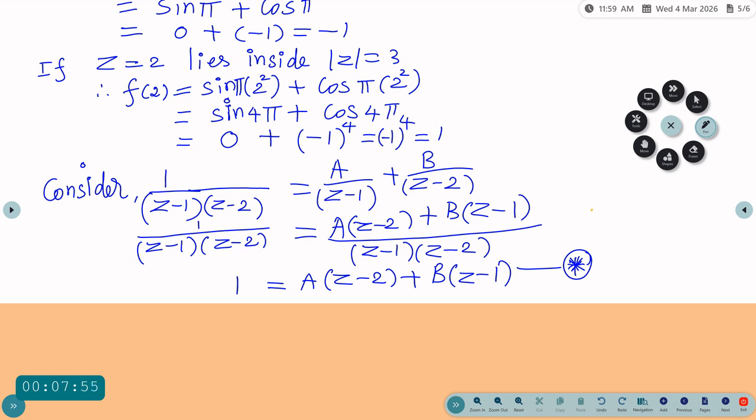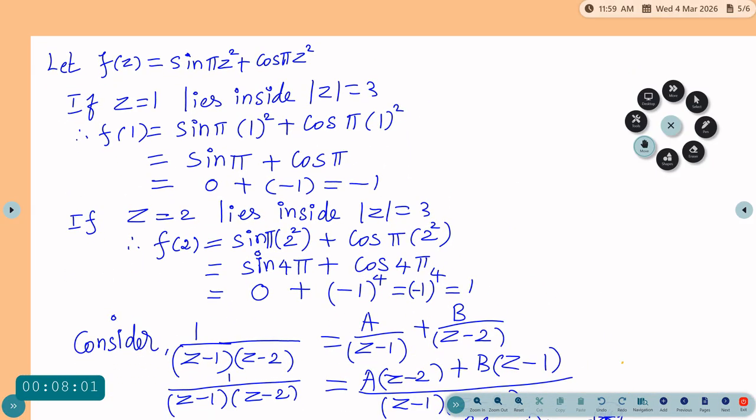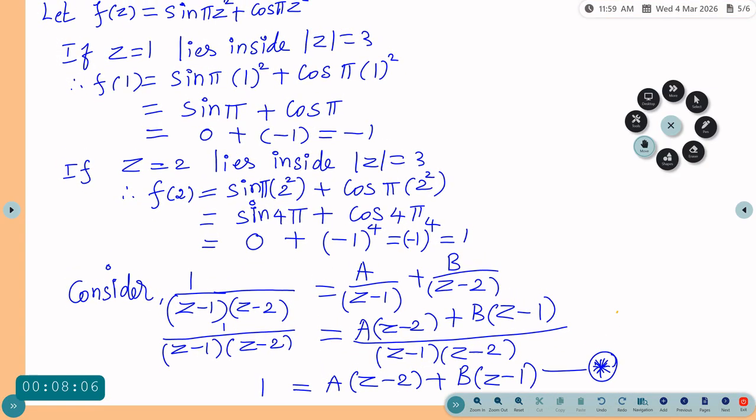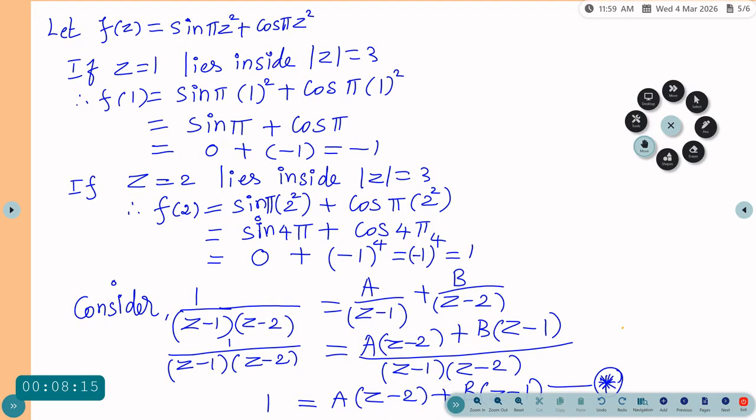So consider f of z equal to the numerator term of the given function, sin pi z square plus cos pi z square. Substitute the value z equal to 1.